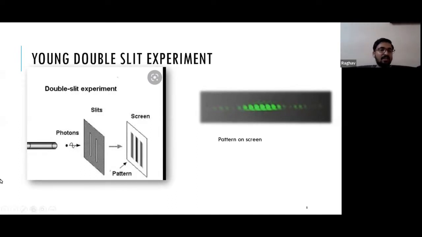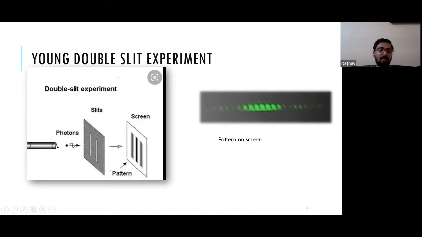The apparatus was this: he took a light source on the left side, you can see in the image, and he created two slits whose size is much smaller than the wavelength of light used, and he projected onto a screen in front, at a distance of the order of a meter.